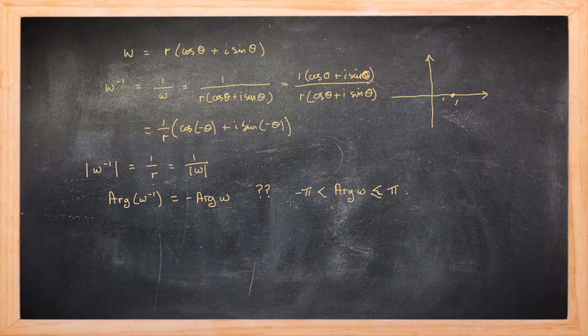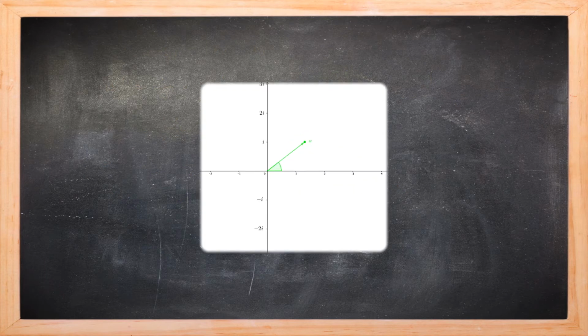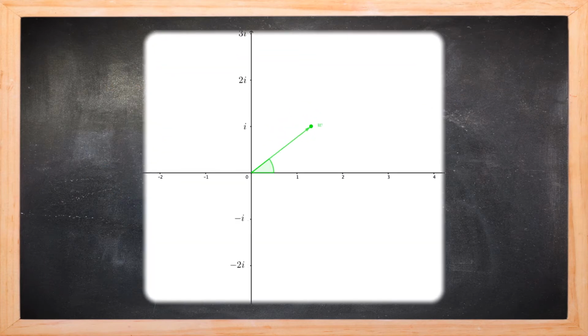Now, I think to try and figure out whether this is a valid deduction from what we've done here, we'll go back and look at the animation and see what it tells us. So here we are back in the Argand diagram. Here's the complex number w, and here's its reciprocal, w to the minus 1.